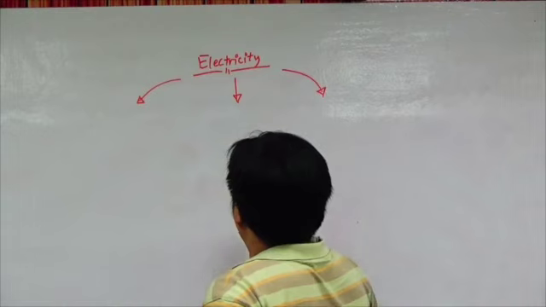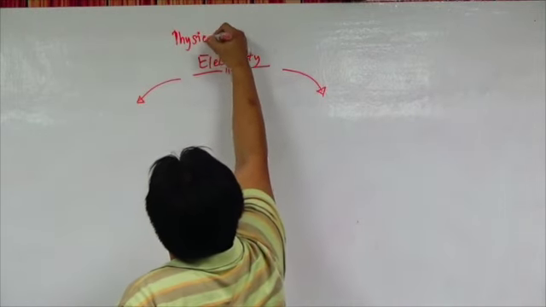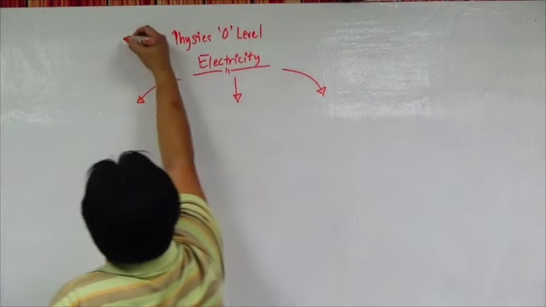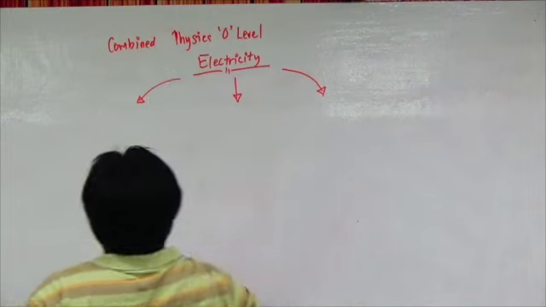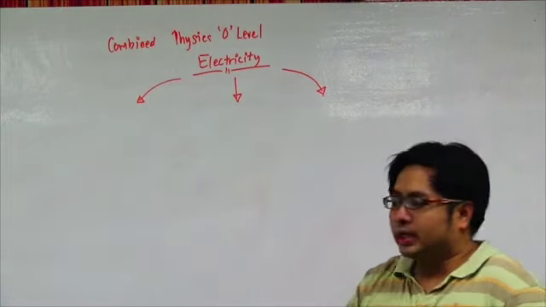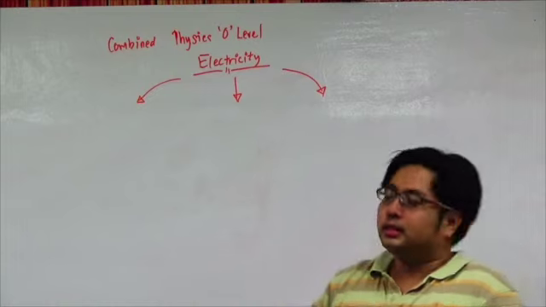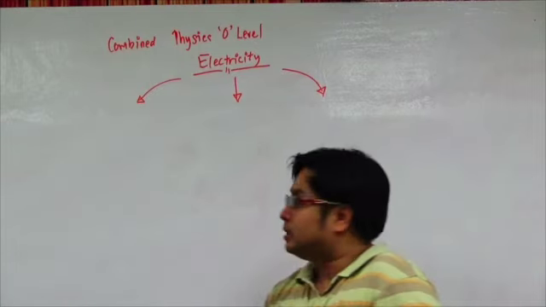So we're going to take a look from the physics O level. Of course we are looking at the combined perspective. Under pure physics, they will be learning 4 electricity topics: static, current, DC, and practical.